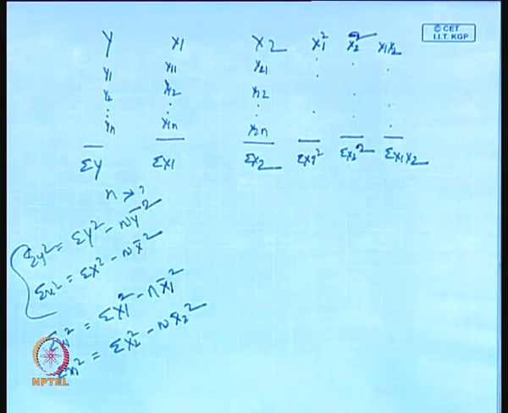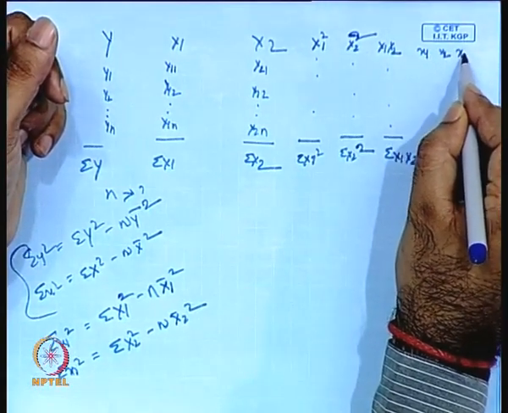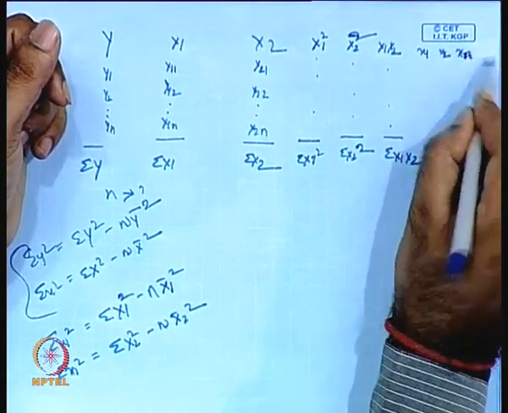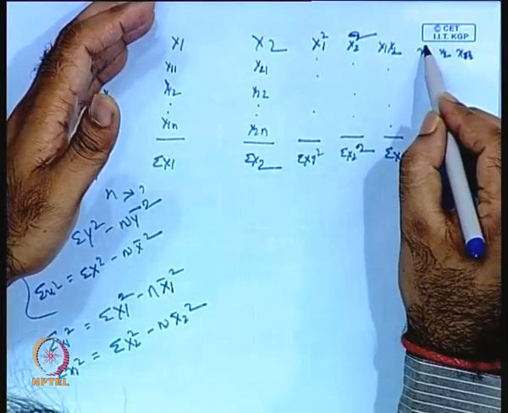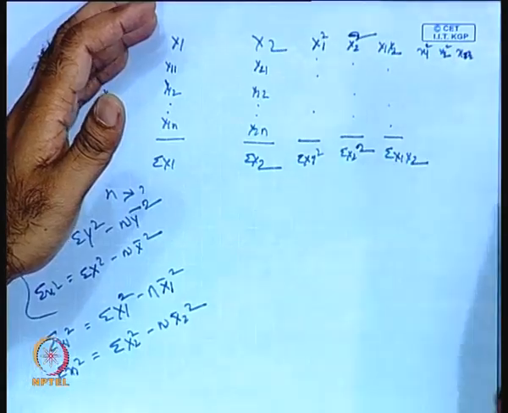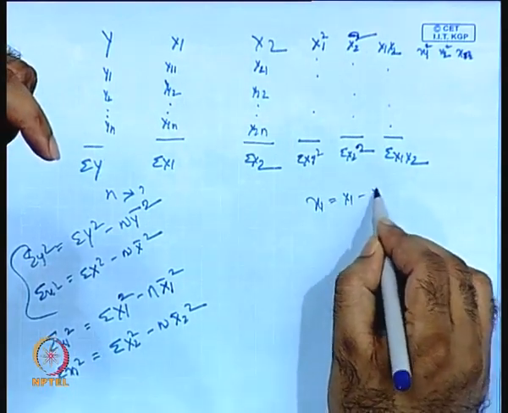Otherwise, the second procedure is to have other columns: this is small x1, this is small x2, this is x1 and x2. Here you take x1 square and x2 square. That means it is x1 into x1, x2 into x2, then x1 into x2. So small x1 is nothing but x1 minus x1 bar.